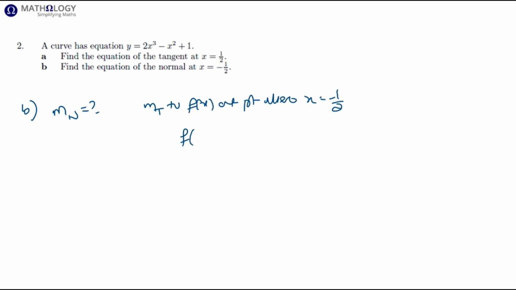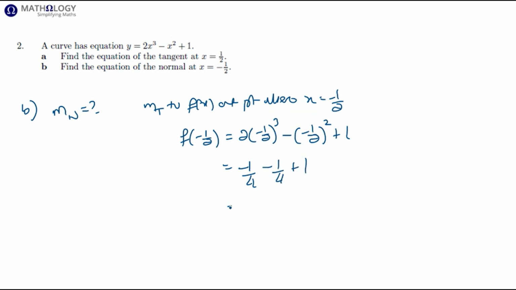So f of minus a half will be 2 times minus a half cubed minus a half squared plus 1. It will be minus 2 over 8, so it's going to be minus a quarter minus a half squared, so it's going to be minus a quarter plus 1. That's minus a half plus 1, which is a half.